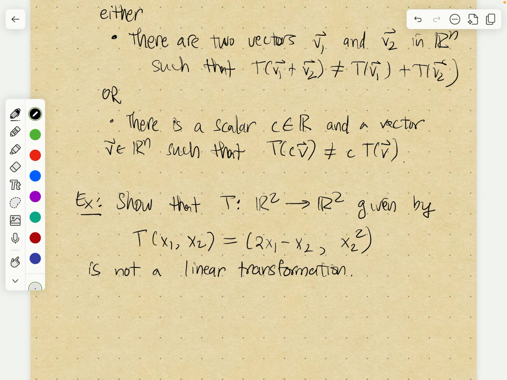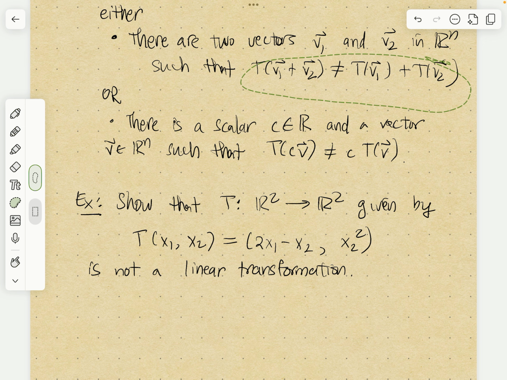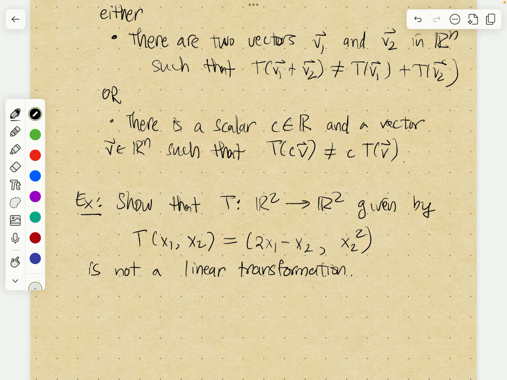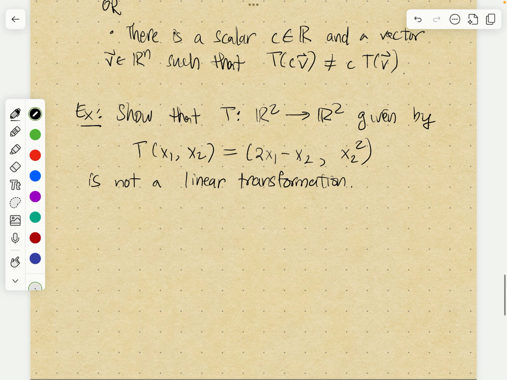So the best thing to do is to just try to see if it's possible, for instance, for the first condition to not be true. So can you come up with v1 and v2 such that T of v1 plus v2 is not equal to T of v1 plus T of v2? Well, at this point, you sort of just have to try different vectors. So let's try, and you just make up some random vectors.